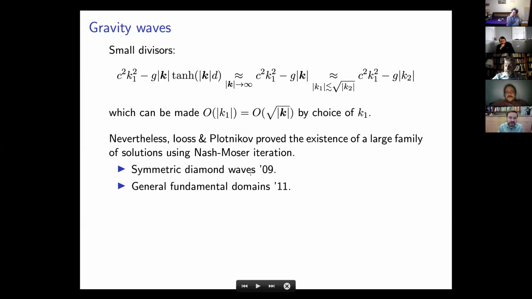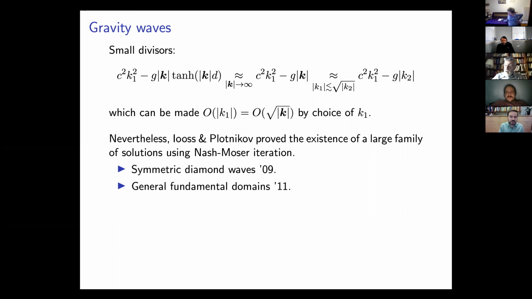There are two papers. I think I only included one in the reference list, so I thought this was substantial enough to start with. First there's the symmetric case, the analog of what Reeder and Shinbrot did, but without surface tension. And then there's the analog of the Craig and Nicholls paper, for general fundamental domains.